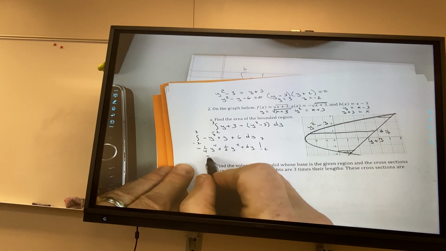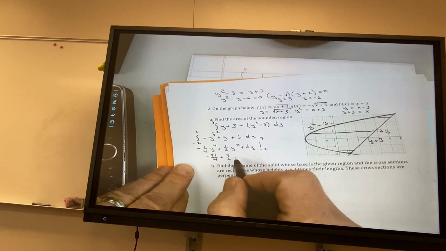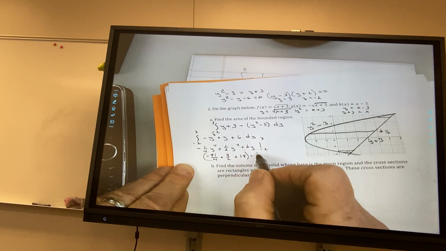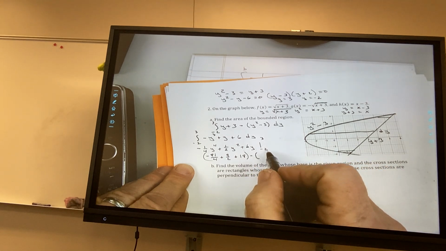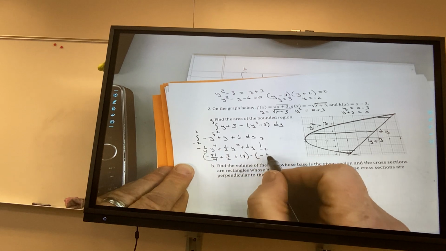And I got a negative 81 over 4 plus 9 over 2 plus 18 minus, and when I put a negative 2 in there, that's 16. I got negative 4.